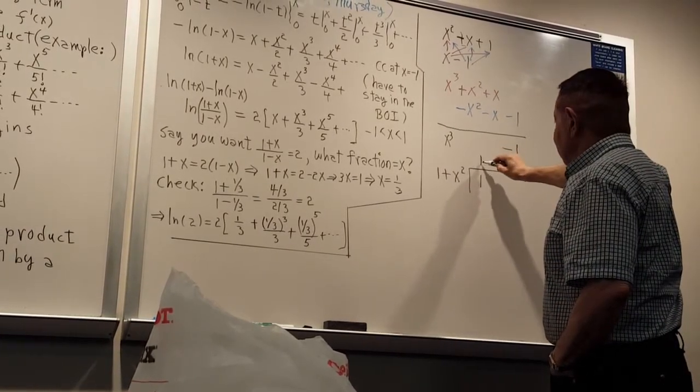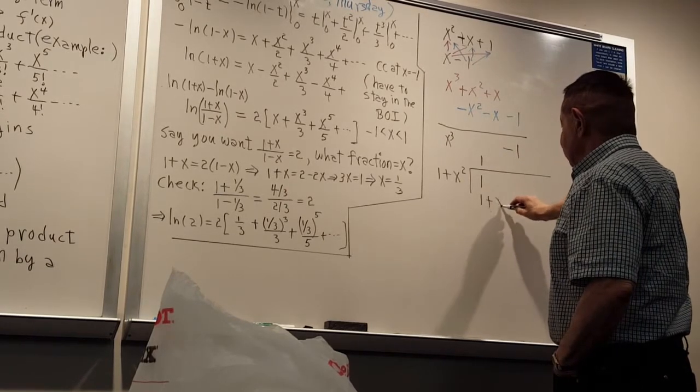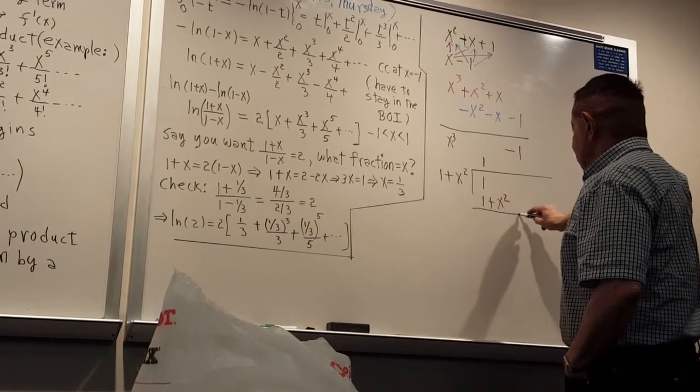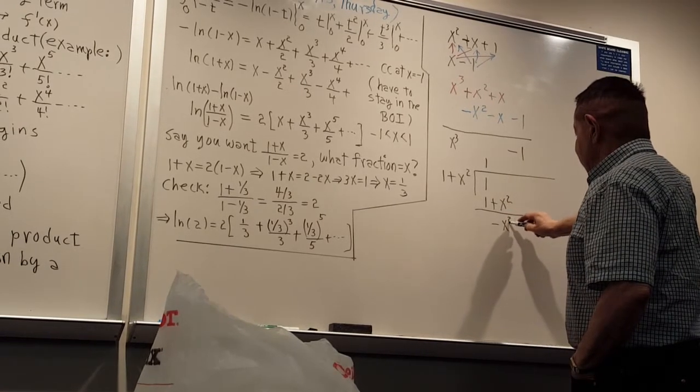So you'd have 1 plus x squared. And then you subtract, so you change sign.